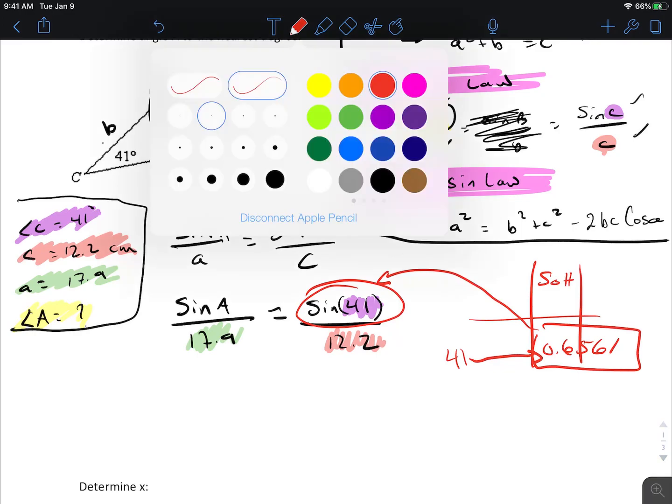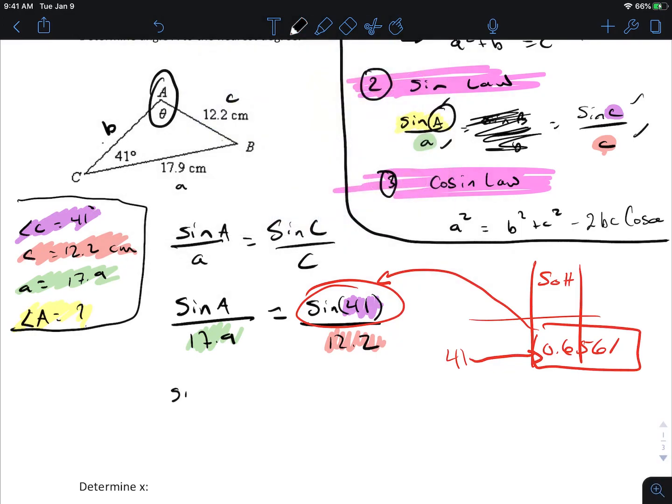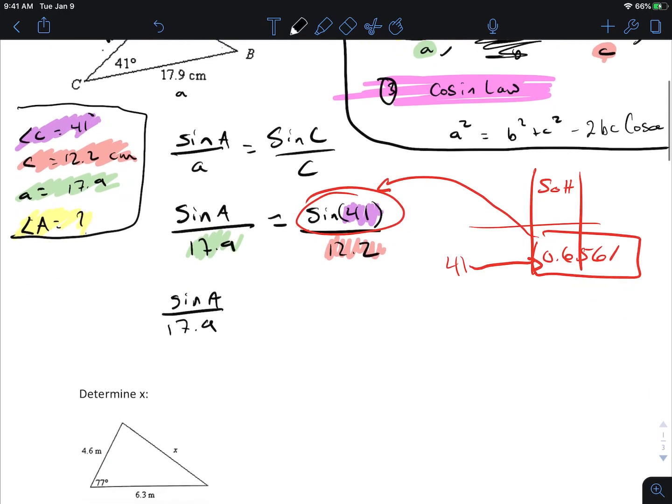So I'm going to rewrite this: sine of A over 17.9 is equal to 0.6561 over 12.2. Okay? Work's almost done.